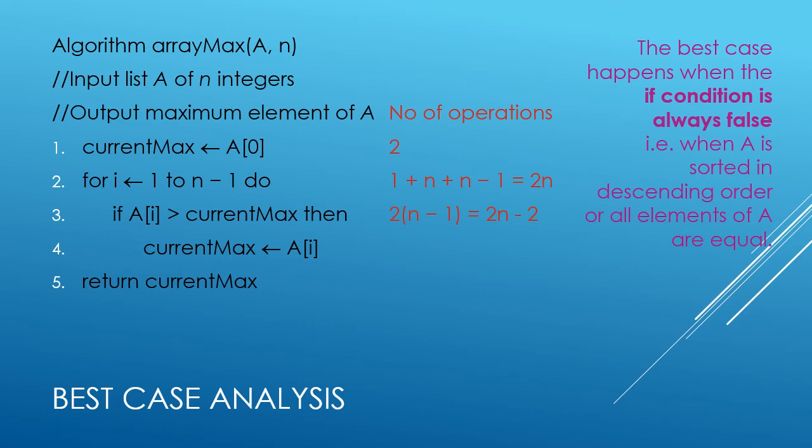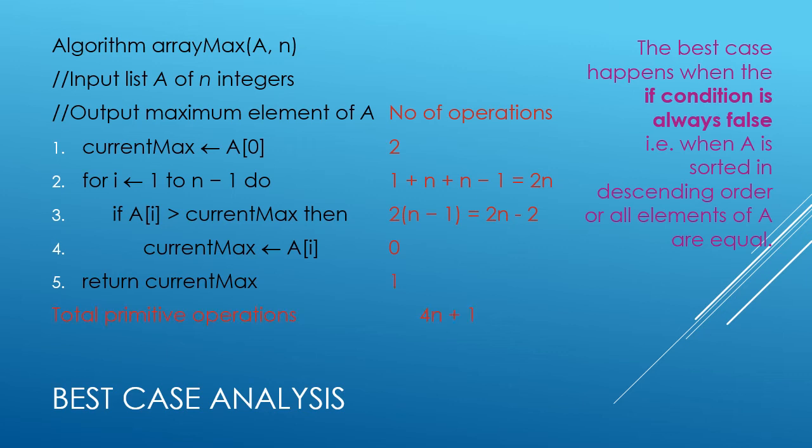But since this is the best case, the if condition is always false. And the number of operations in line number 4 is 0 because we never move to line number 4. In line number 5, I return the value of current max. So the number of operations in line number 5 is 1.